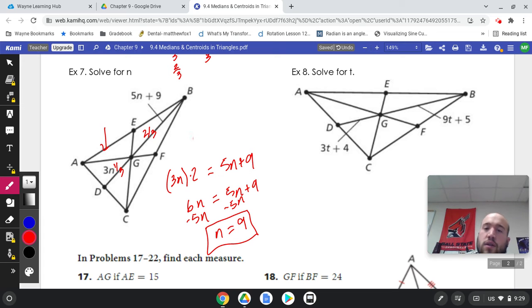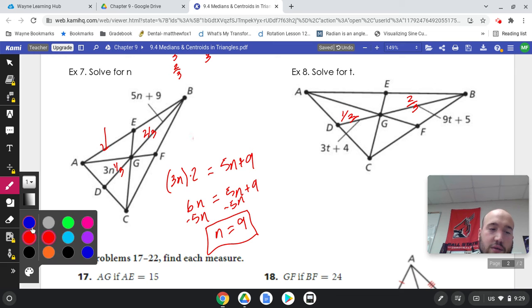All right, number 8. We're going to solve for t. We look here, we got this chunk, this chunk. We know the small one, this is the 1/3, this is the 2/3, okay? So in order to solve this, we can multiply the small one by 2. So we'll multiply that by 2.